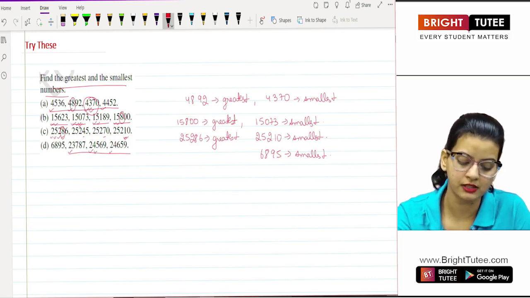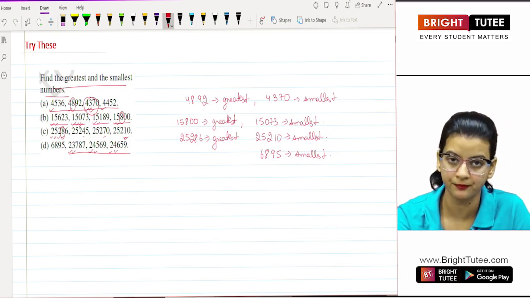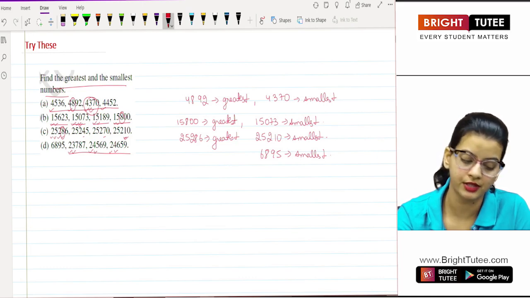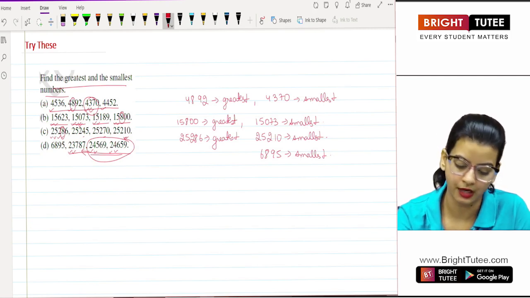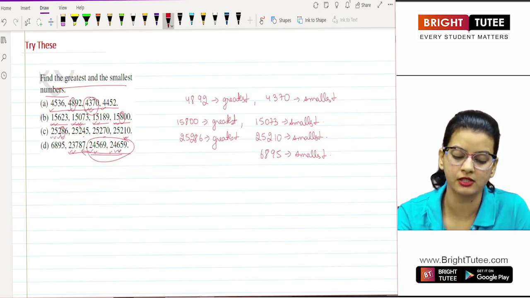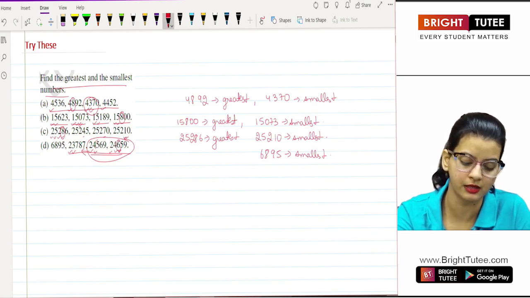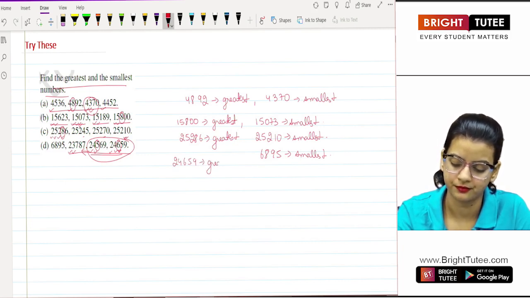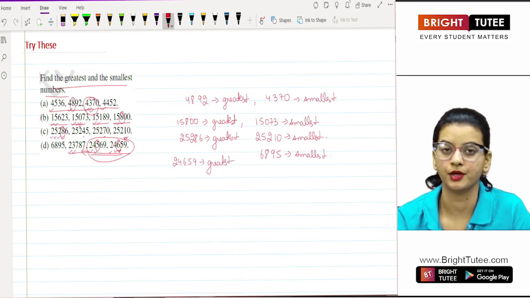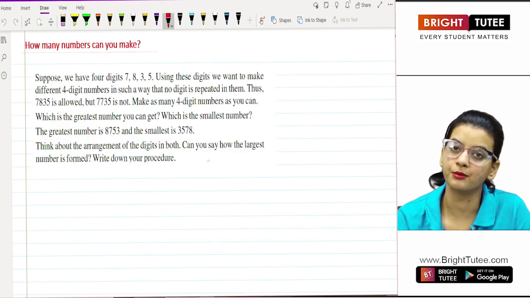The digit in the thousands place is the same for 2 numbers, and for this number it is 3. 4 is greater than 3, so definitely these 2 numbers are greater than this number. Now we have to compare between these 2 numbers. We compare the digits in the hundreds place. For this number, the digit in the hundreds place is 6, and for this number it is 5. So we have 24659 as the greatest number.